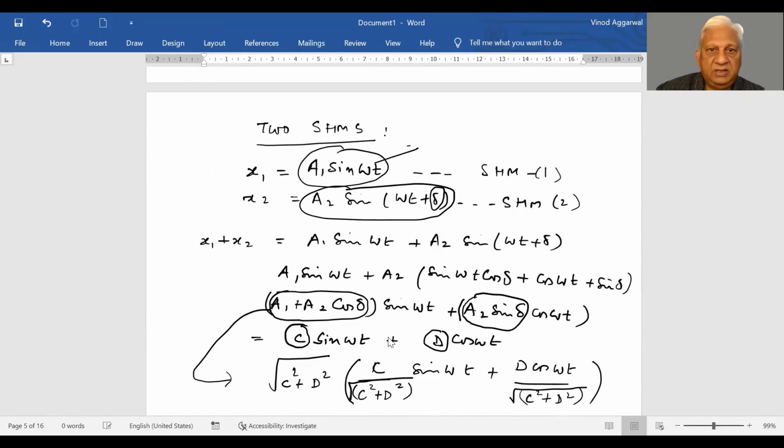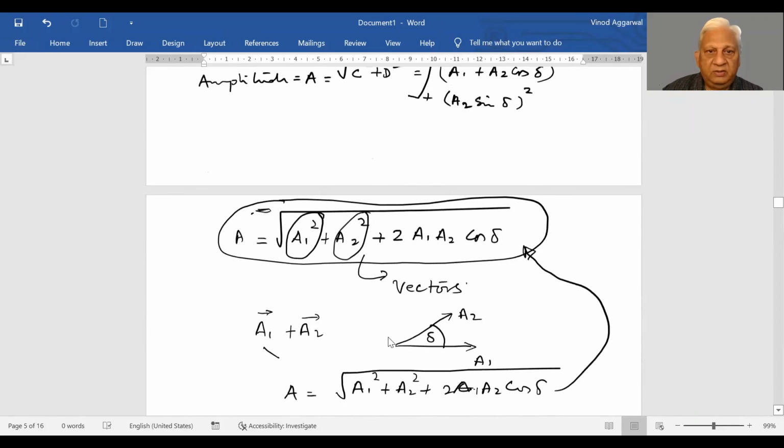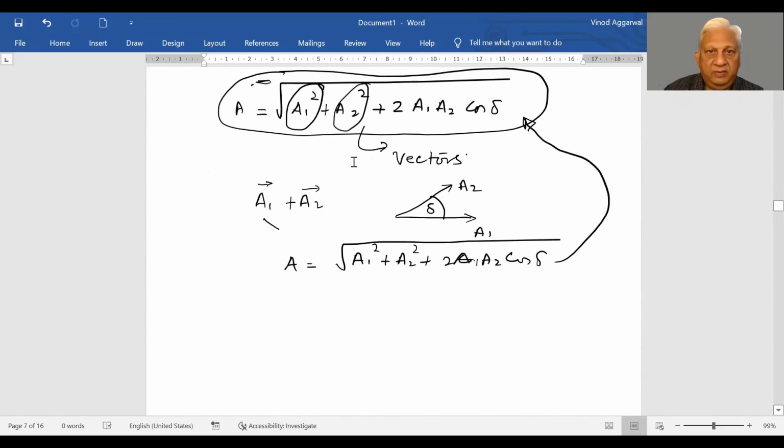So if we consider this as vector A1, and this as vector A2, we can happily add them together, like we did in vectors. So we can say that SHMs can be added like vectors. Okay.